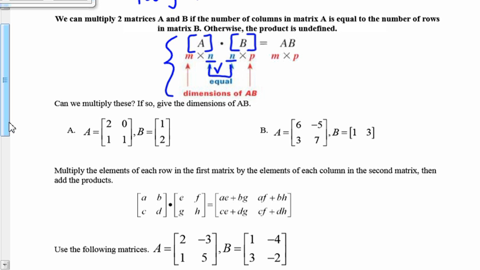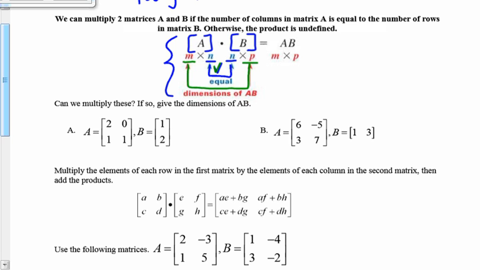We get a green check. Yes, we can multiply those. The dimensions of our matrix in our answer is going to be this by this. So our answer is going to be a matrix of m by p dimensions.